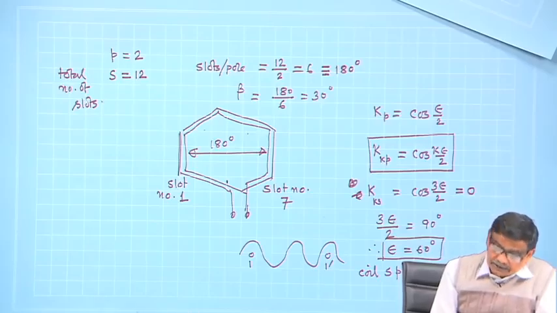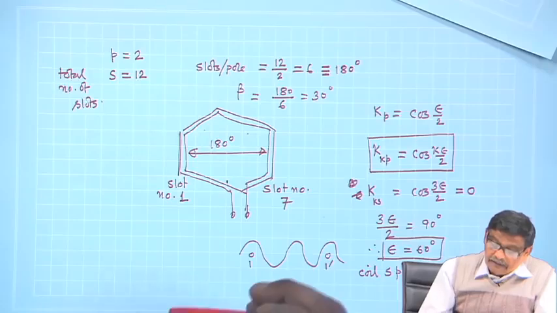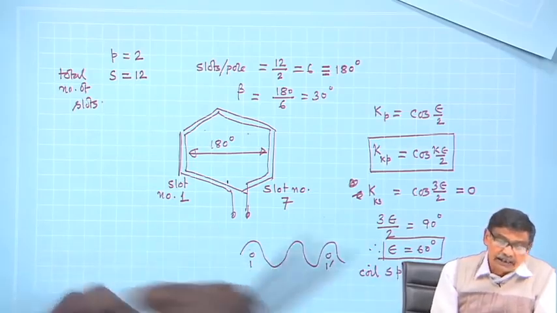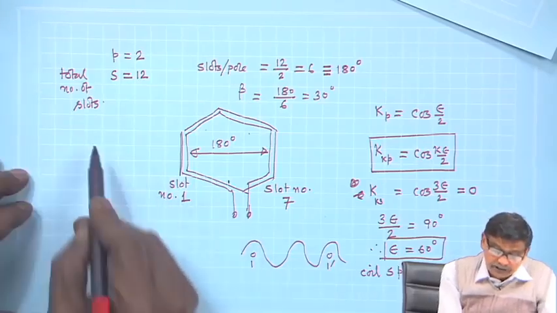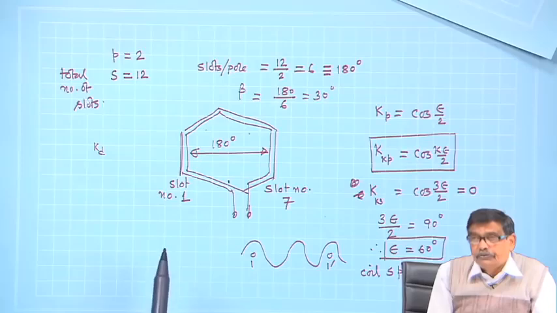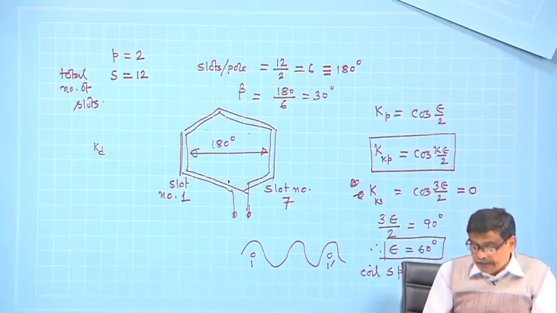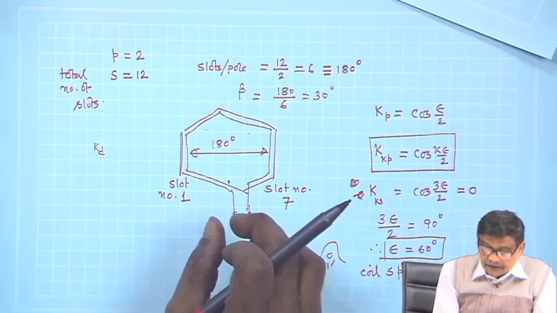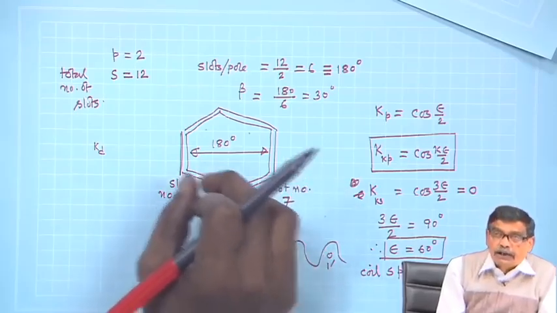So, voltage induced gets reduced both by distributing the coils, which is taken care of by the distribution factor Kd, and it is also reduced because of the use of short pitched coils.